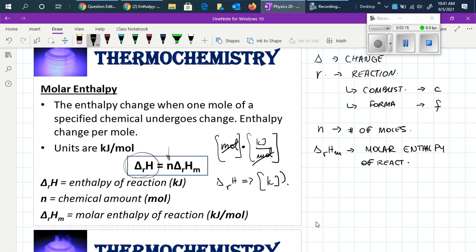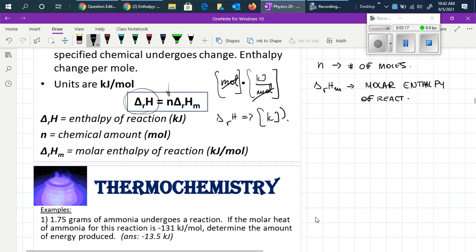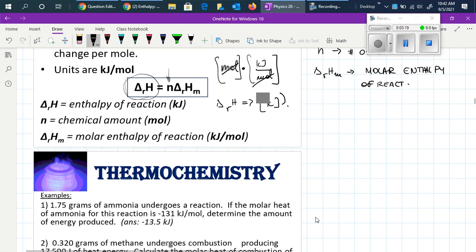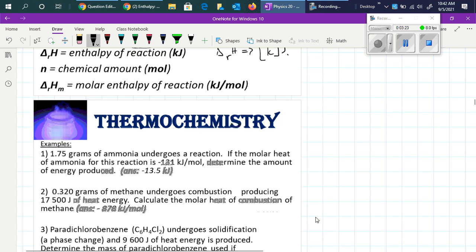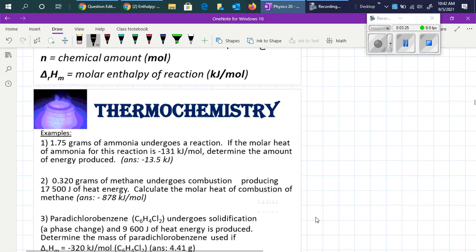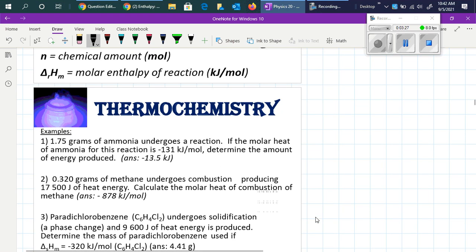Okay, so let's see some cases in which we are dealing with this kind of formula, which is in your formula sheet. So 1.75 grams of ammonia undergoes a reaction. If the molar heat of ammonia for this reaction is negative 131 kilojoules per mole, determine the energy produced.